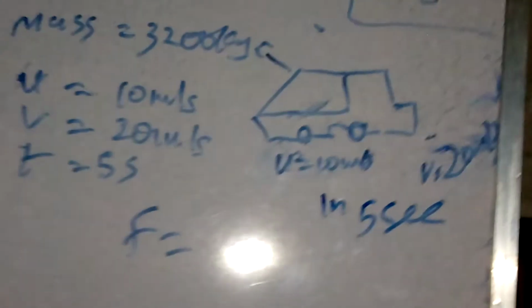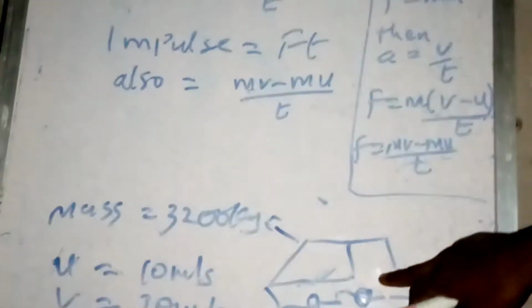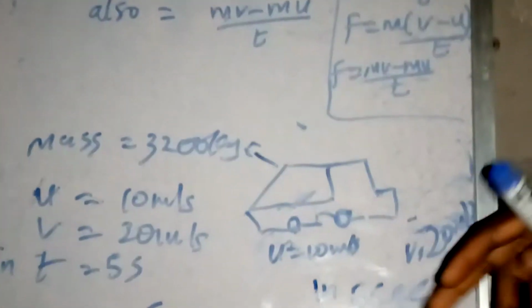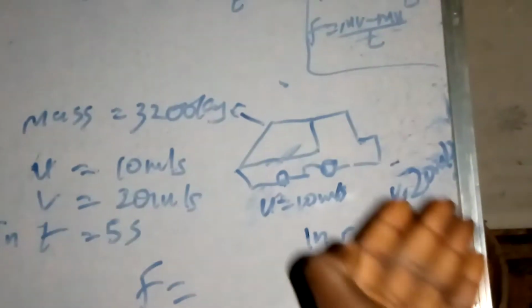So we need to use this formula. You must also notice that the engine in the truck exerts some force to increase the speed. The question asks us to look for the force in the engine. When you step on the accelerator, some force will push the car.